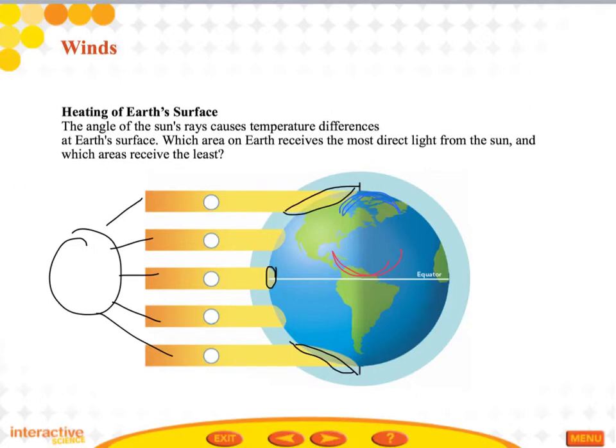So our warm air currents are going to be less dense, and our cold air currents are going to be more dense. So cold air sinks at the poles, and warm air at the equator rises. So pressure differences cause surface winds to blow from the poles toward the equator. Air flows away from the equator and toward the poles higher in the atmosphere, and these air movements produce those global winds.